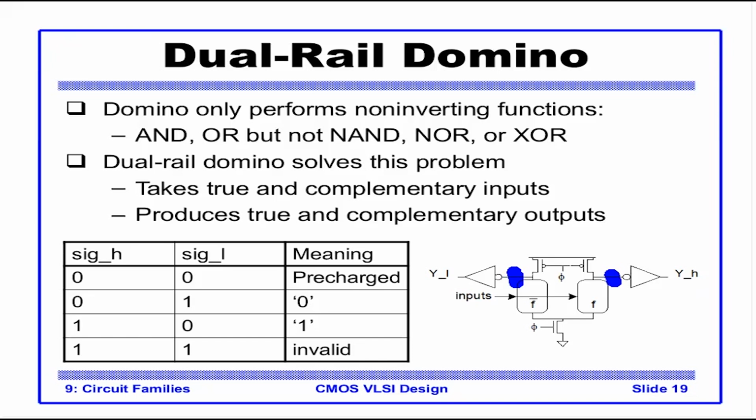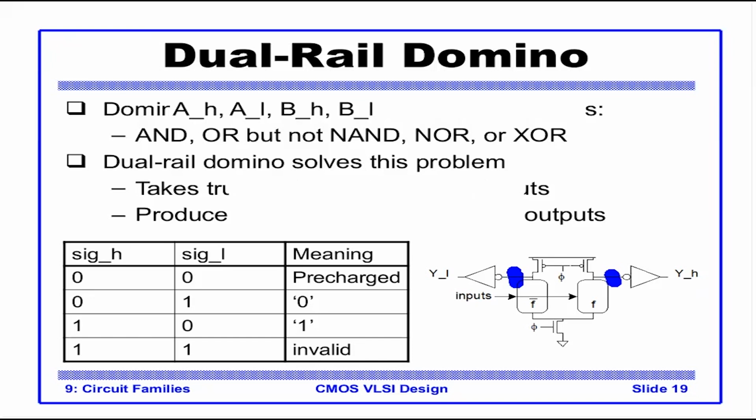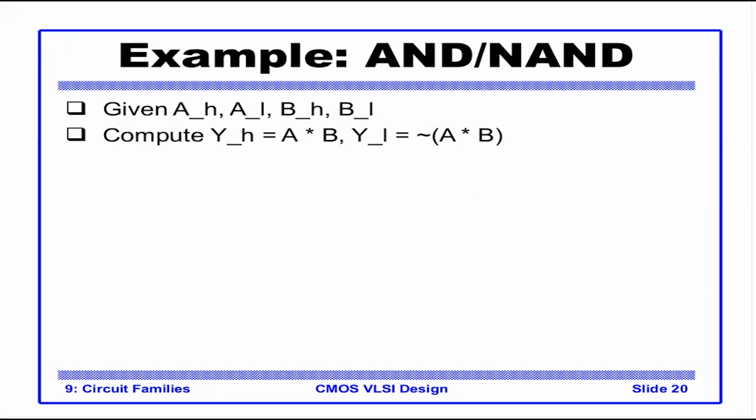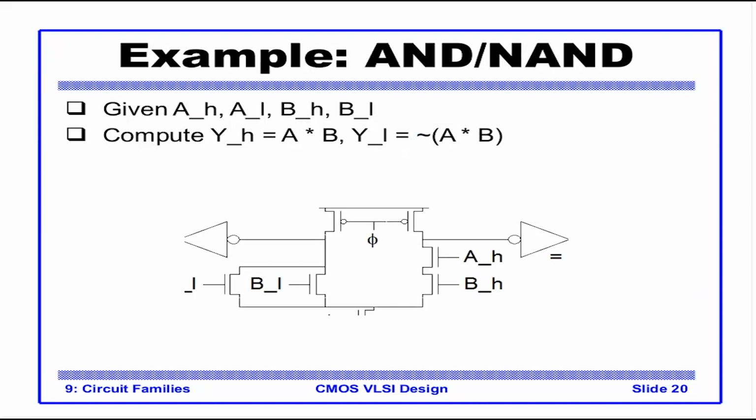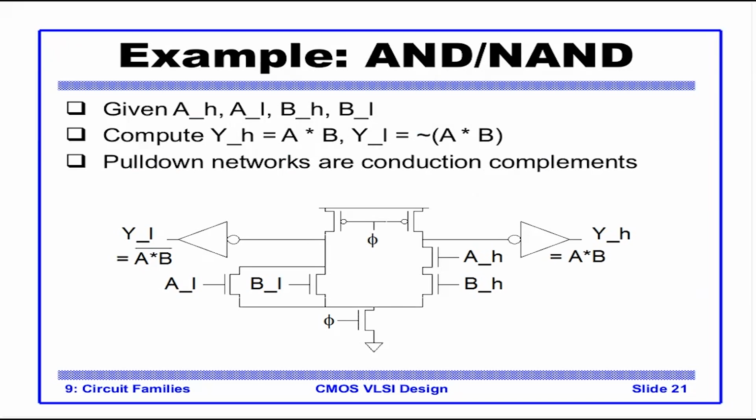Now let's see an example of a dual rail domino gate. Since they produce complementary outputs, let's see an example of AND and NAND. The principle here is that if you have a 2-input gate, you need 2 regular inputs, A and B, AH and BH.